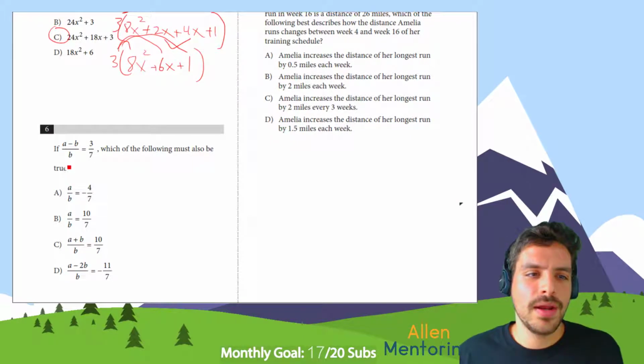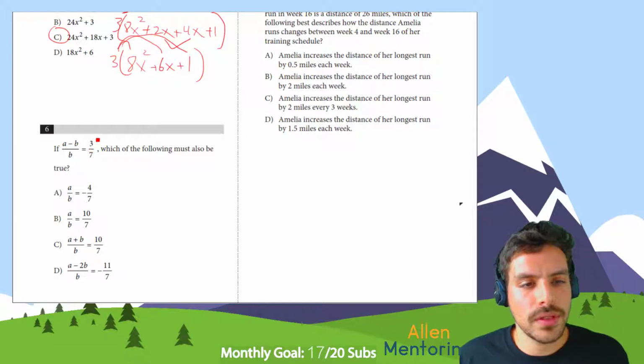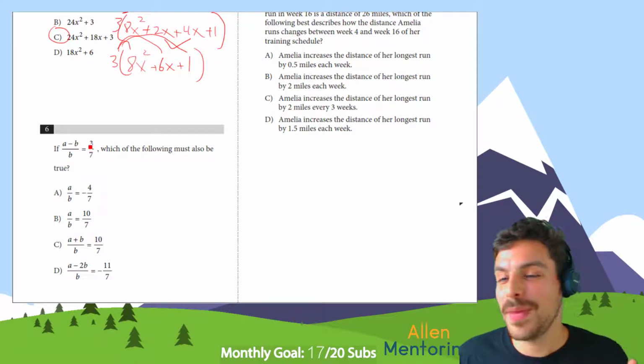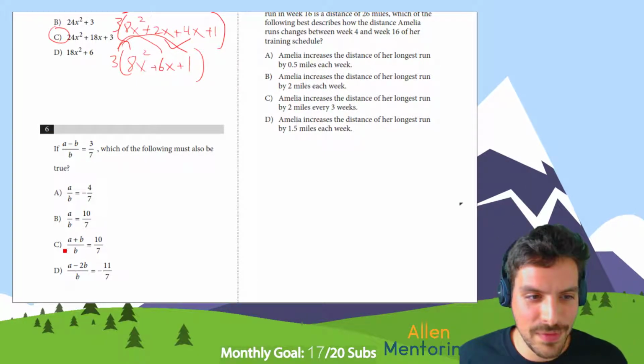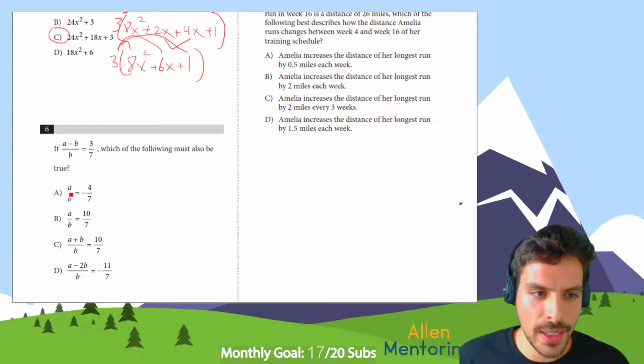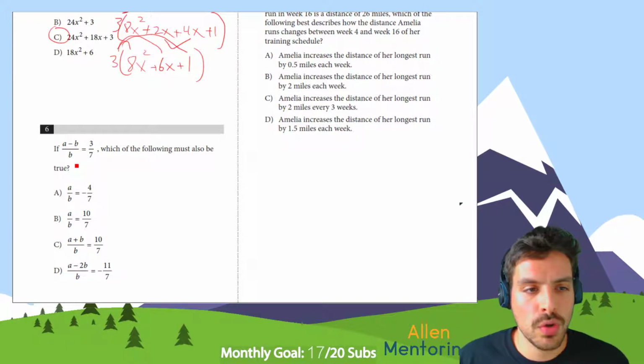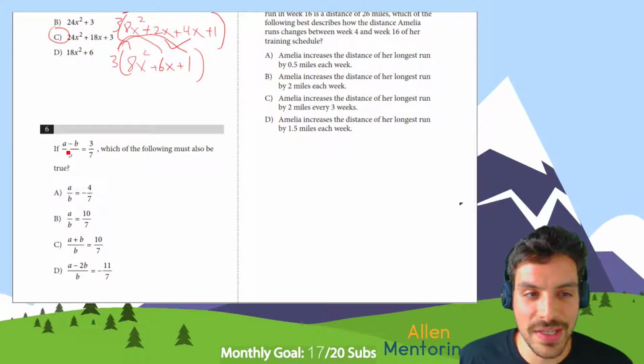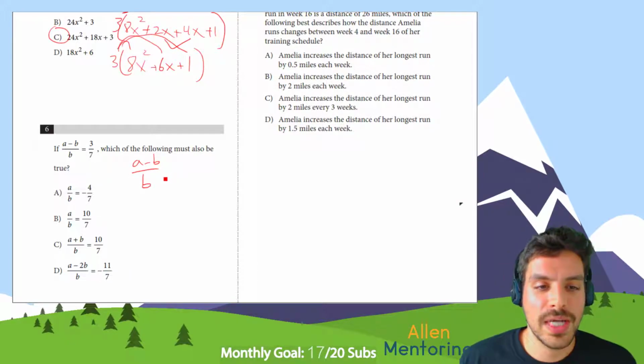And I see here that cross multiplying would probably not be the best answer, right? Because they're still in fraction form here. I see a over b, a over b. Okay, so what I might try to do first is just try to separate this fraction here by dividing each of these terms by b. Okay, so if I have a minus b over b, how would I separate these?